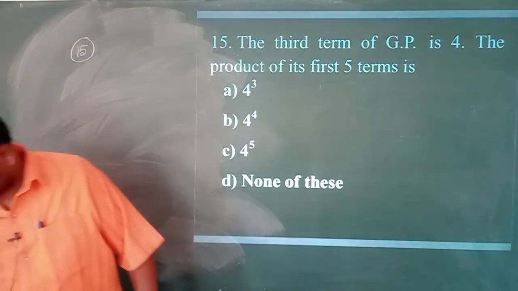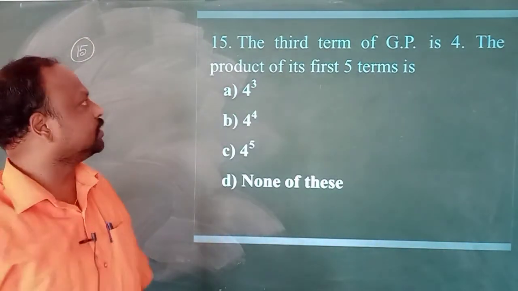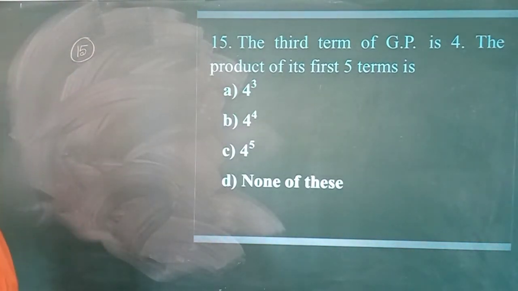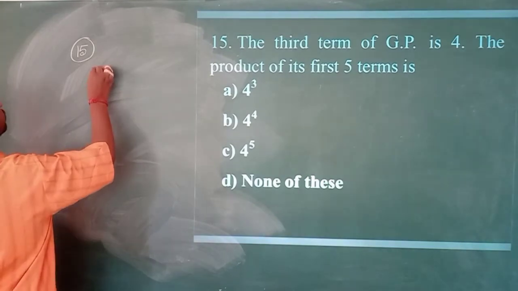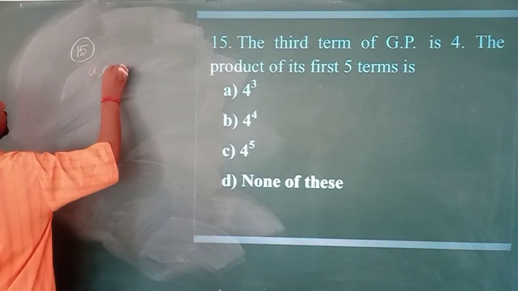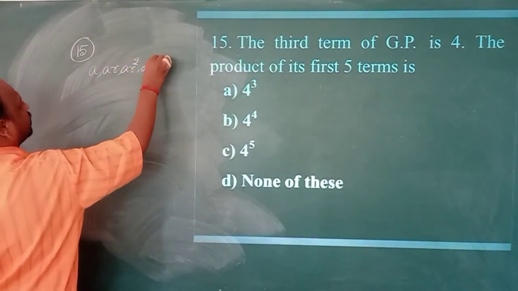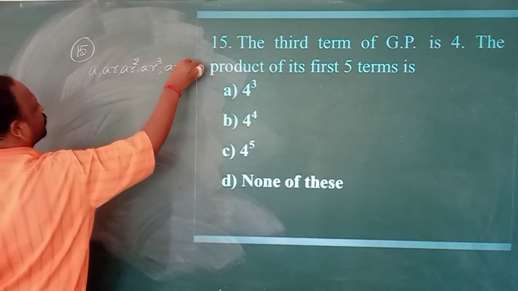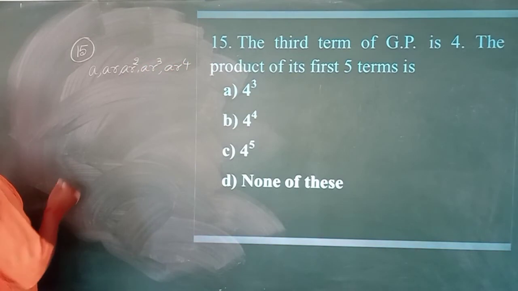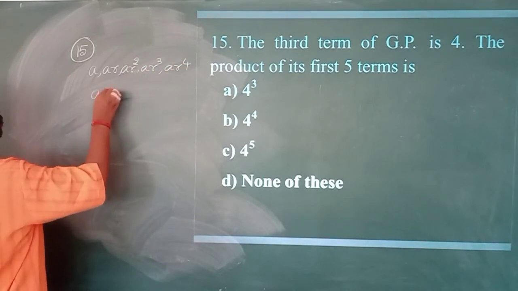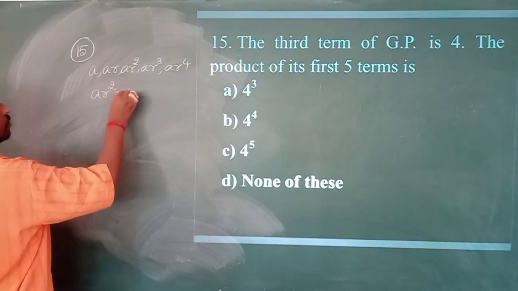15th one. The third term of the GP is 4 and the product of the first 5 terms, you can observe: a, ar, ar square, ar cube, ar to the power of 4, 5 terms. Third term ar square is equal to 4.